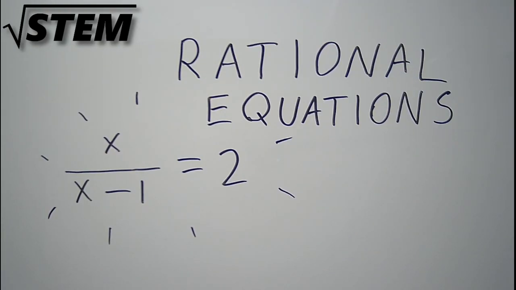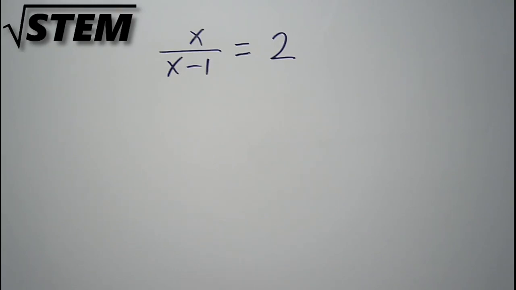Let's get started. Anytime we work with a rational equation where there is an x in the denominator of a fraction, we have to write down what x will not equal. To do this, take the denominator, x minus 1 in this case, and set it equal to 0.